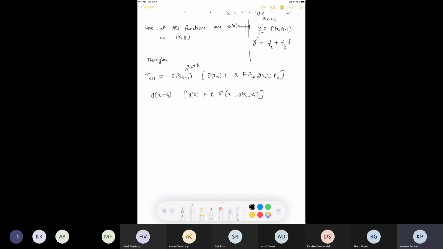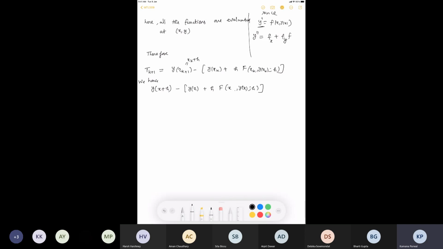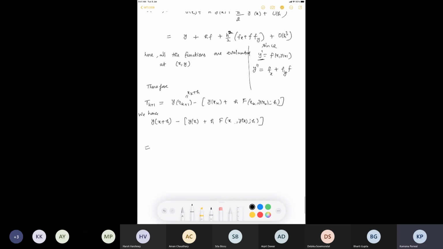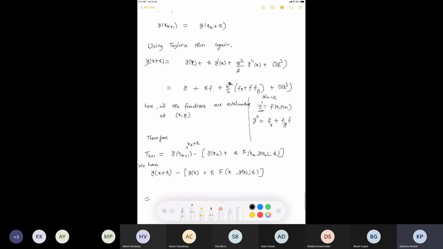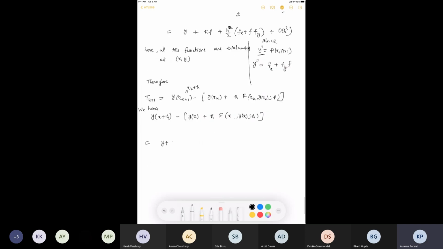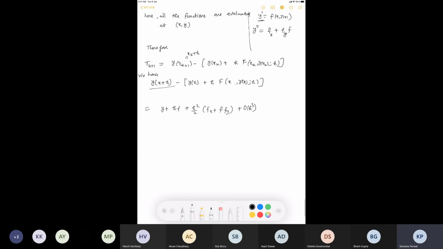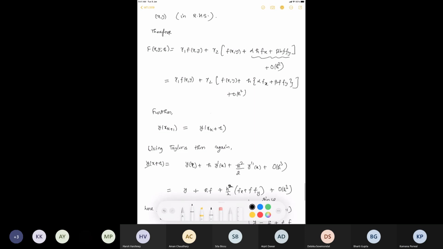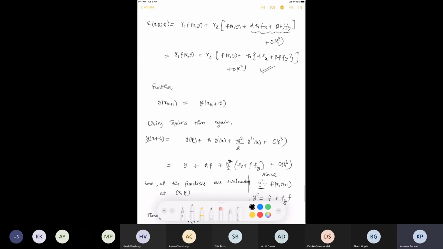Let's simplify this term, because when we take x equal to x_k, we will get the truncation error. We have already got the expansion here. So this is y plus hf plus h square by 2 (f_x plus f f_y) plus order h cube, right? So this is the expansion of this term minus y and then plus h times of this term.